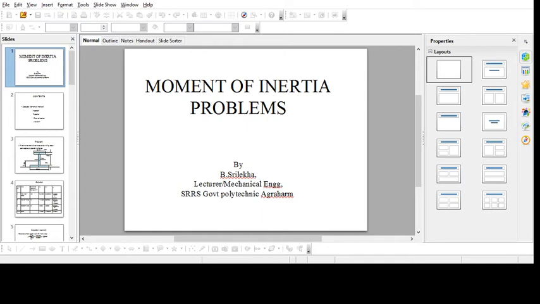It is simply 396 into 28 plus 600 into 3 plus 396 into 28 by 396 plus 600 plus 396. So you will get a value of 17.2 mm.